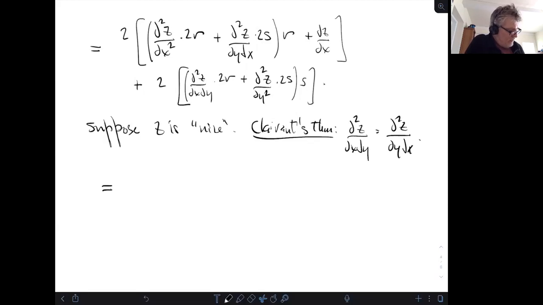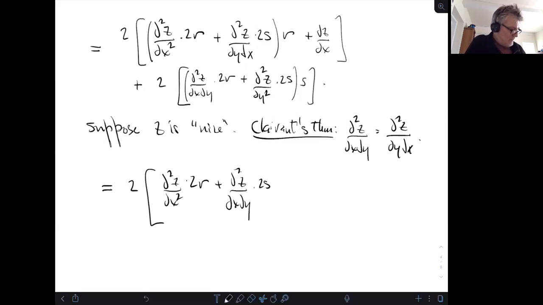And I'll let you do it if you want. I don't know if this is okay. Let's try. So this is del 2z, del x2 times 2r plus del 2z, del y, del x, which is, sorry, the same as del x, del y. Let's write it this way, times 2s.